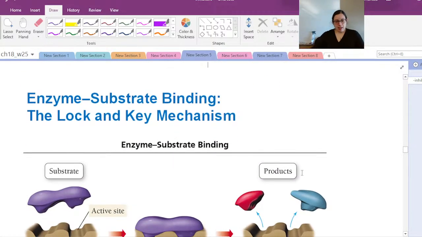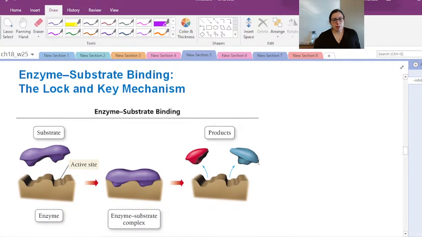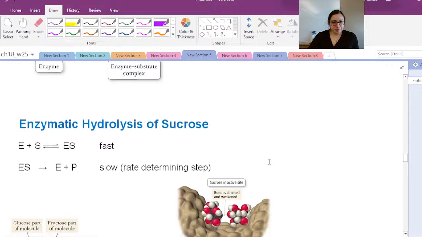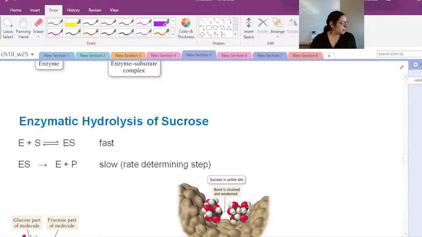And so, again, now we're thinking about that's what happened: enzyme substrate, and then product, which we looked at with our color change. Back from our lab, let me actually pull up last week's lab.